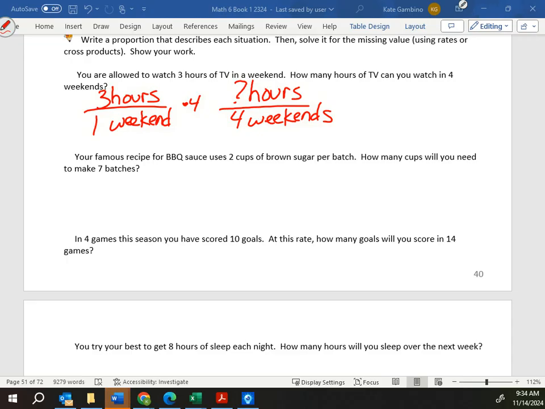Perfect. Lexi knows to go from 1 to 4, we're multiplying by 4. Whatever we multiply the bottom by, we have to multiply the top by. So 3 times 4 equals 12 hours. So that question mark becomes that 12.